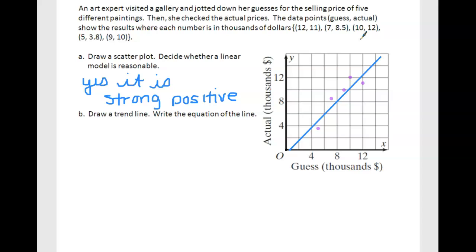So to me, it looks like I have the point 9, and then I also appear to have the point, let's say 5, 4.5.